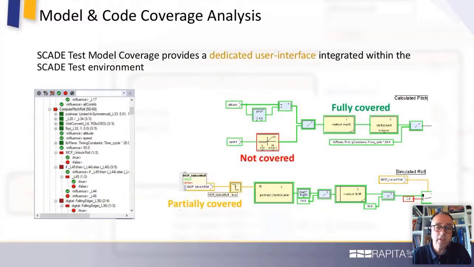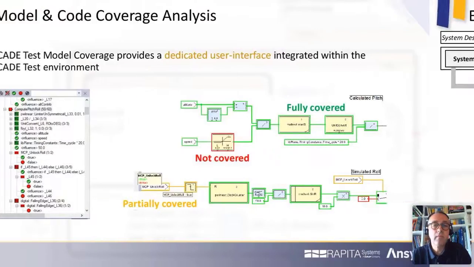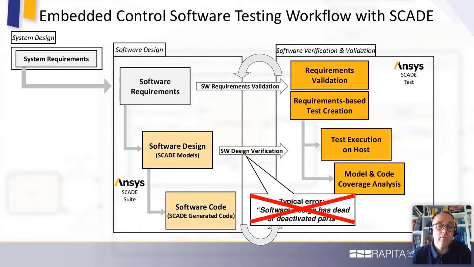So even if it's applied at model level and code level, we show all the results at model level. A good way to demonstrate that the software design does not have deactivated parts, and that you have made enough testing.